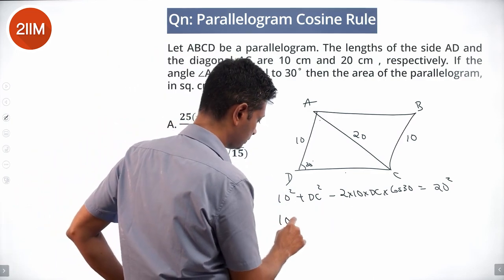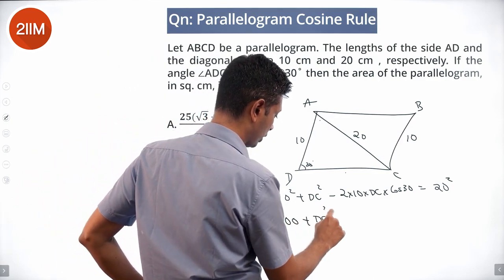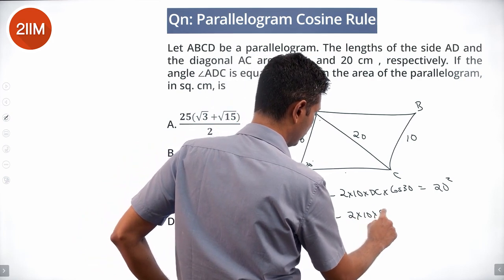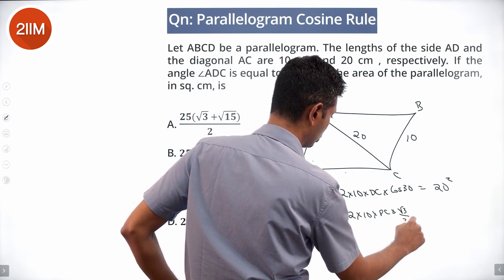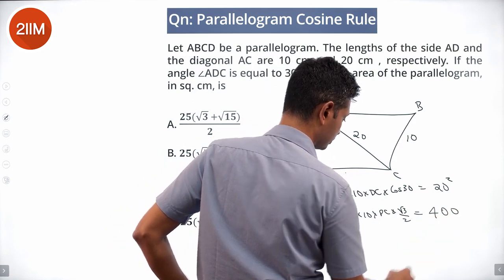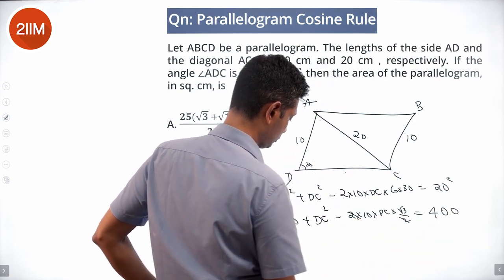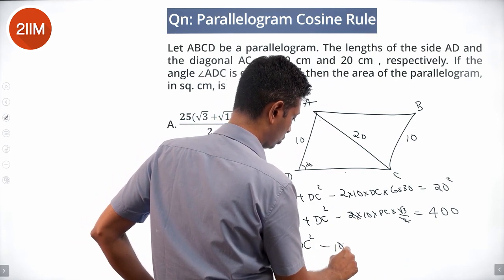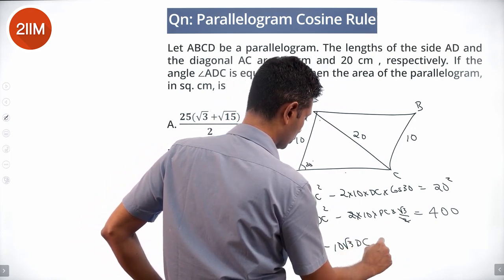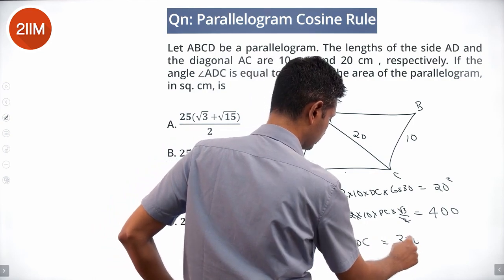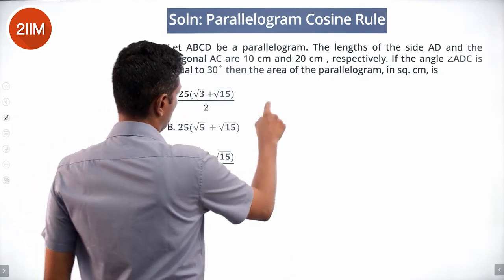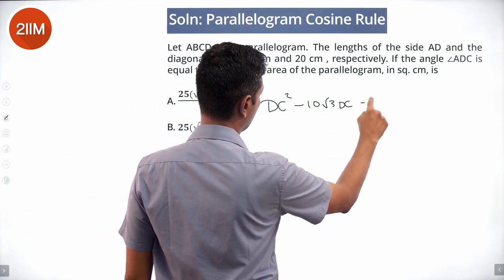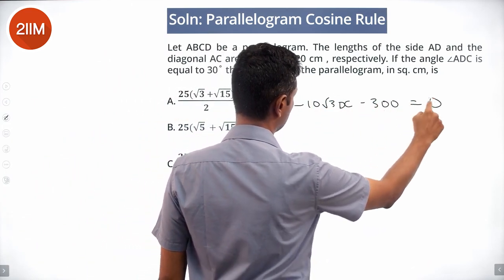So 100 plus DC square minus 2 into 10 into DC into root 3 by 2 is 400. So DC square minus 10 root 3 DC equals 300, or DC square minus 10 root 3 DC minus 300 equal to 0.